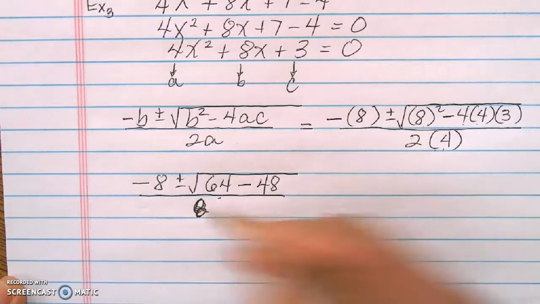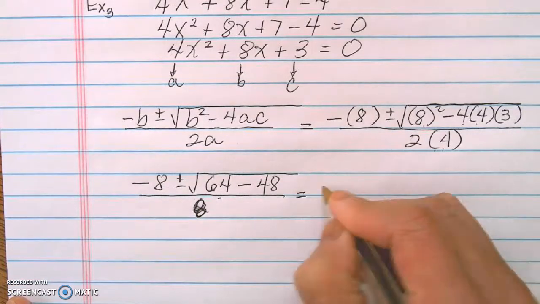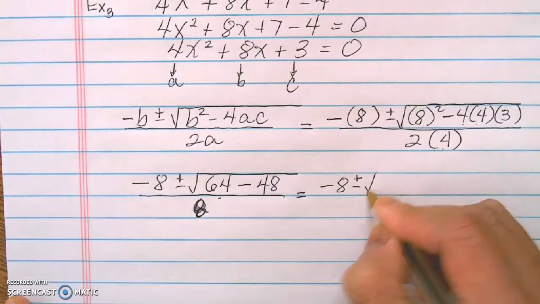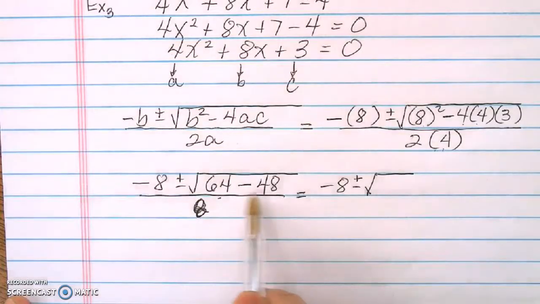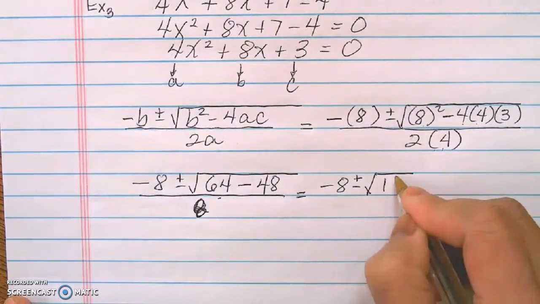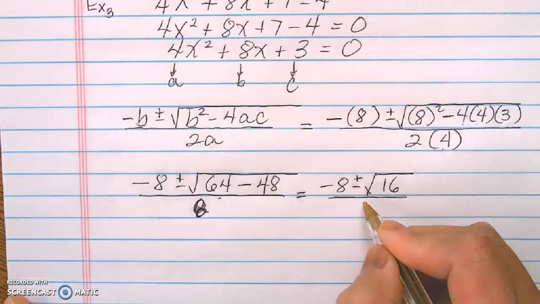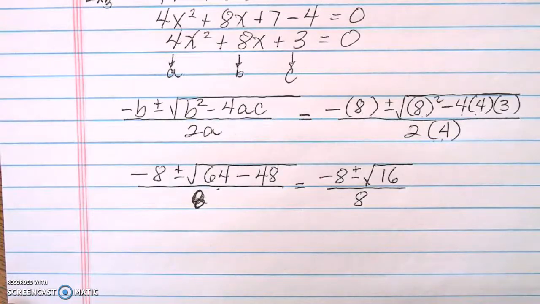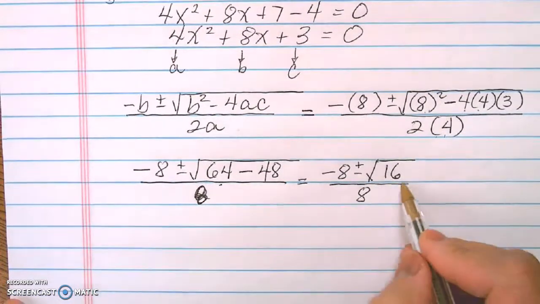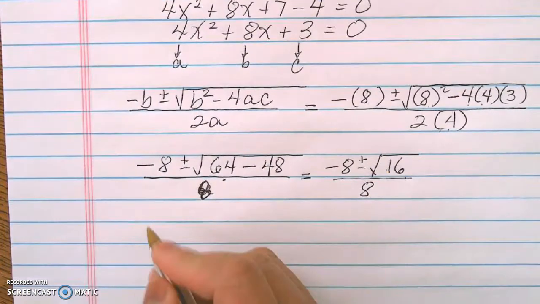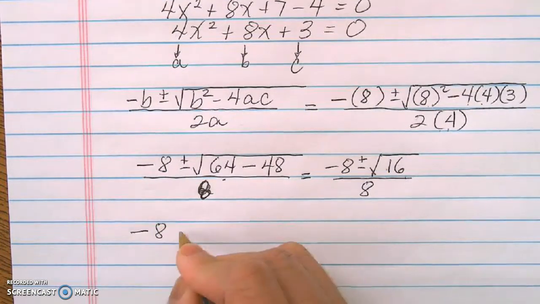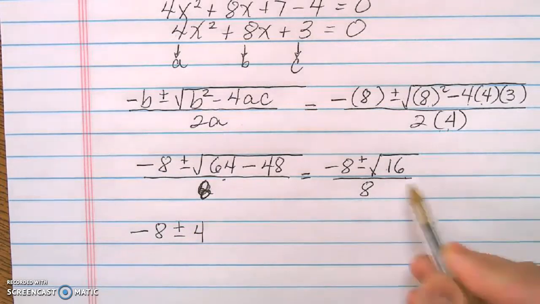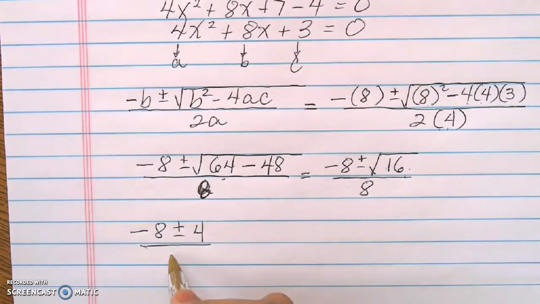So this now becomes negative 8 plus or minus square root of 64 minus 48, I believe, is 16, all over 8. And so now this is going to give us negative 8 plus or minus 4, because square root of 16 is 4, all over 8.